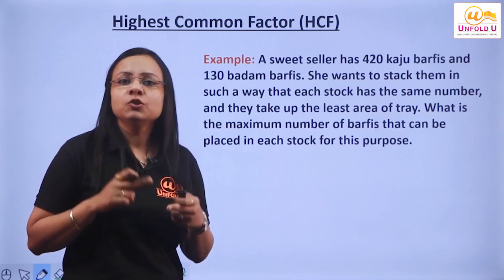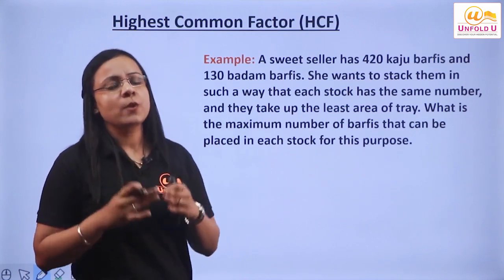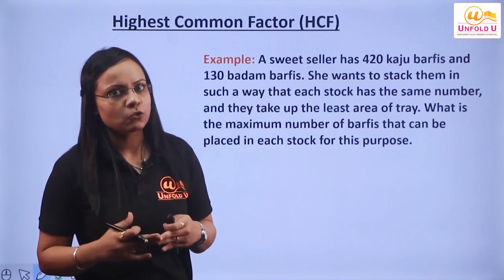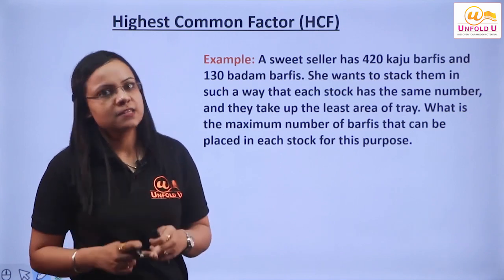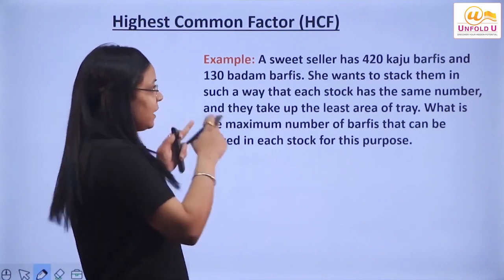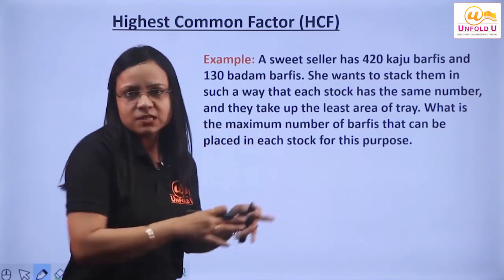For this you need to remember that whenever the question is that we have to arrange something into rows or groups, we need to find the HCF in that case. So here also we need to arrange the burfis in the tray so that they take up the least area of the tray.